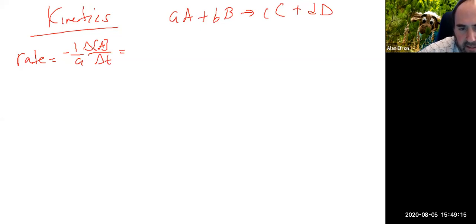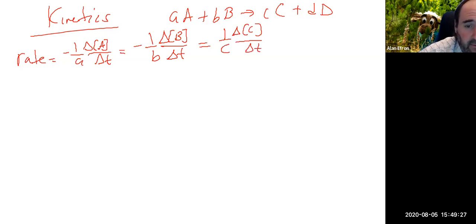That would equal -1/B, the change in the concentration of B over the change in time. And that would equal 1/C, the change in the concentration of C over the change in time, and would equal 1/D, the change in the concentration of D over the change in time. Remember that we put these negatives here because they're reactants, so they should be decreasing with time, and the concentration should go down.